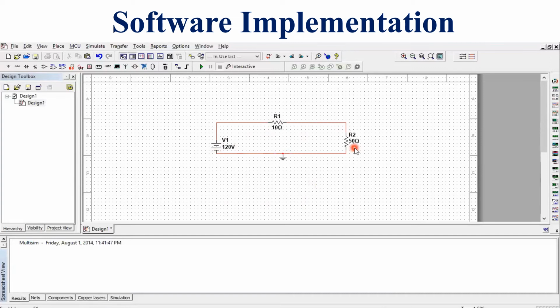As we know, in a series circuit, if we implement KVL, then the entering voltage is exactly equal to the leaving voltage. Here the entering voltage equals 120 volt, and the leaving voltage is across these resistances. So we have to place the multimeter right there for the measurement of voltage across these resistances.